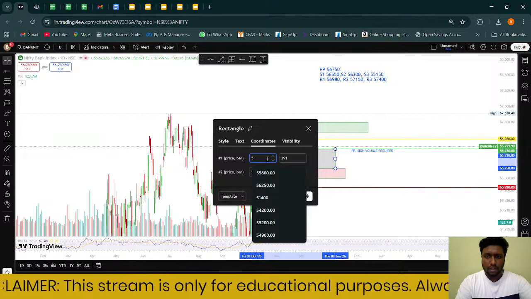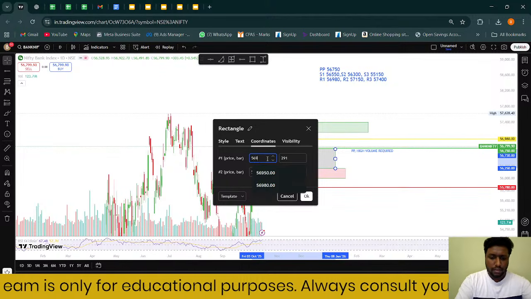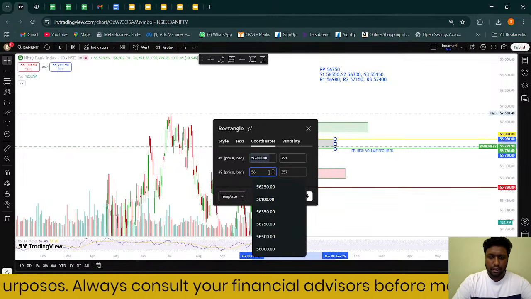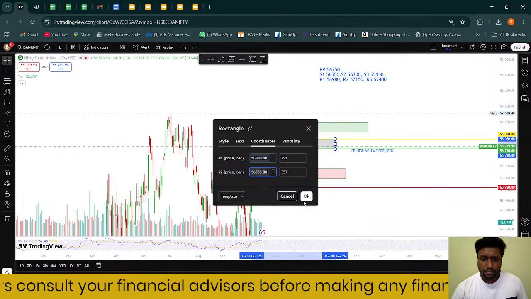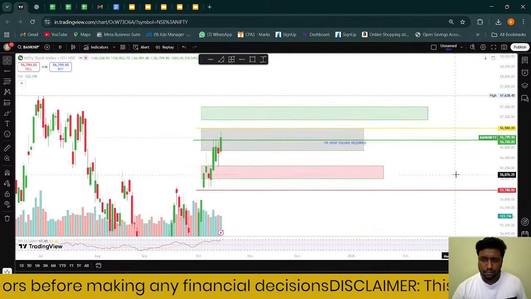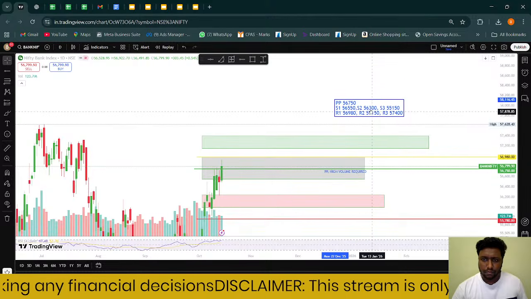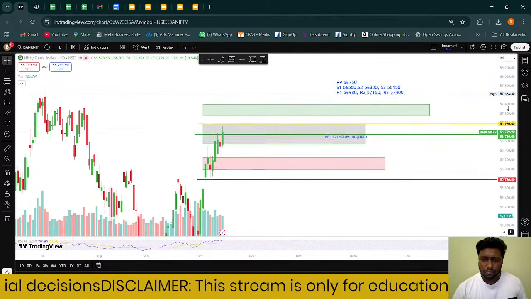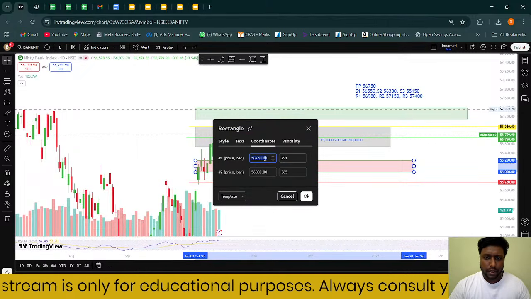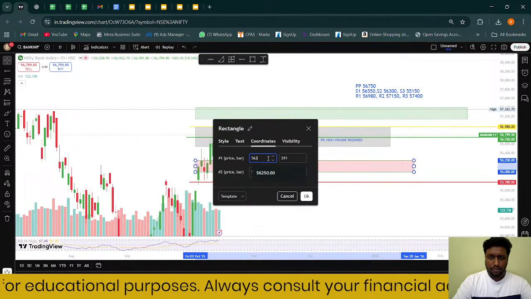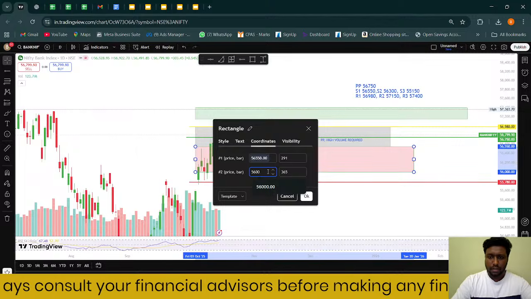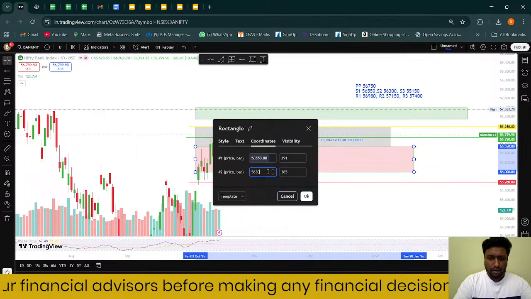R1 will be 56,980 and S1 will be at 56,550. So for this range bound zone, let's mark the bearish zone as well, which will be below S1, which is 56,550, and S2, support 2, is at 56,300.